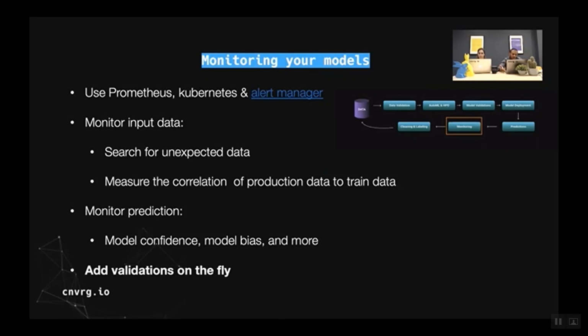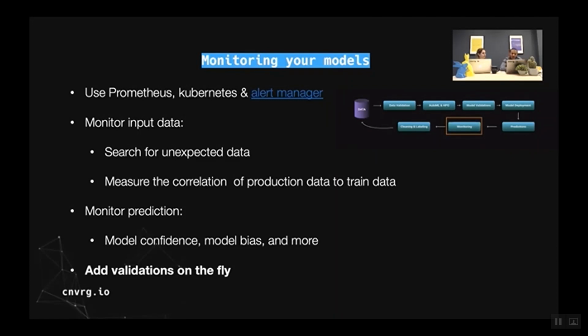Why would we need that? Because sometimes you get an unexpected value in production, like an unexpected prediction, or the production data is not correlated to the training data. And this could mean that your model in production is not relevant, and you should retrain the model on different data.